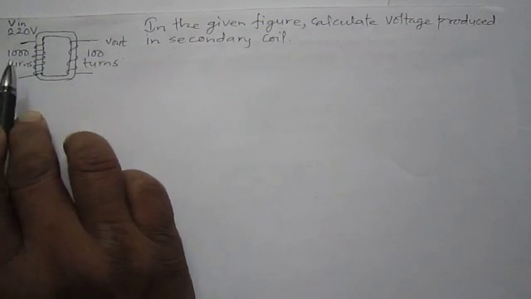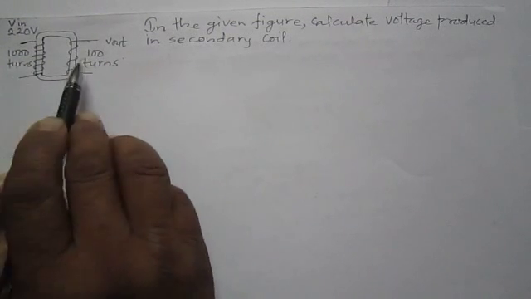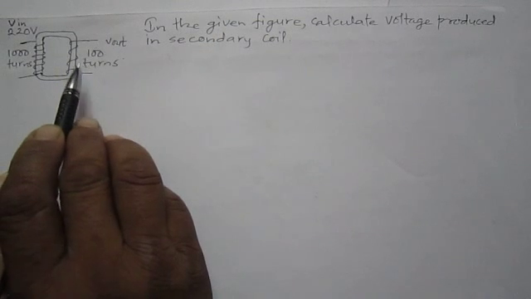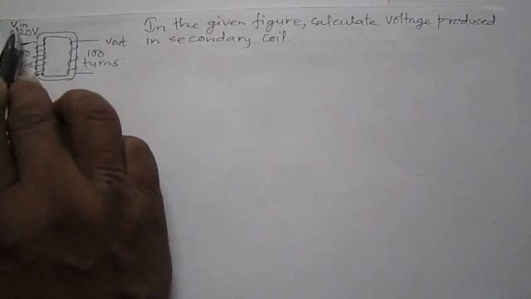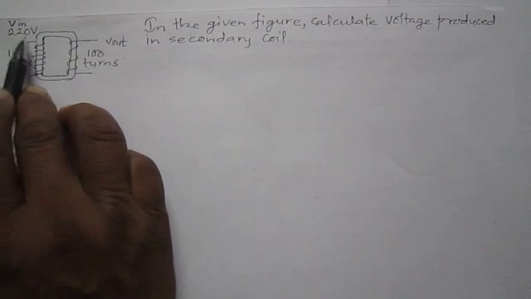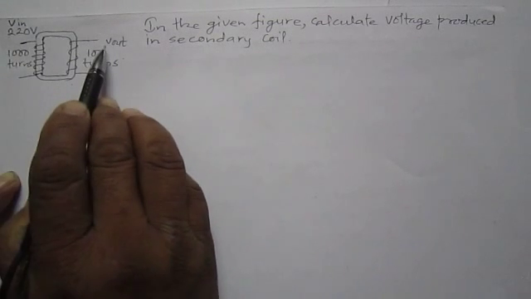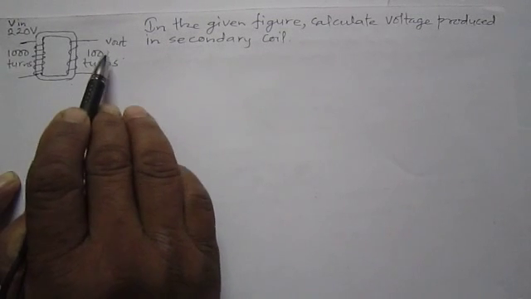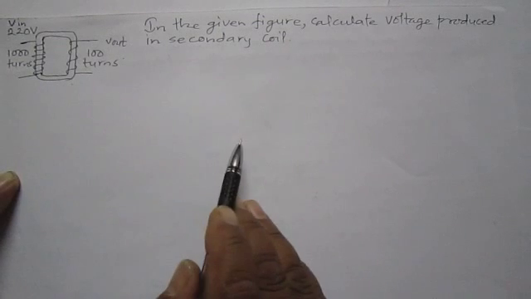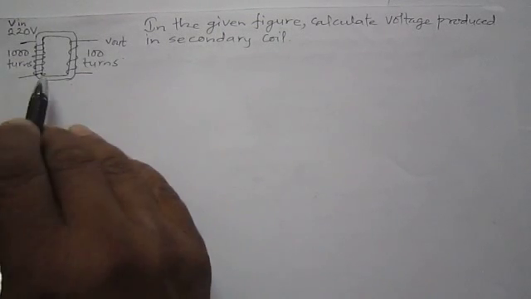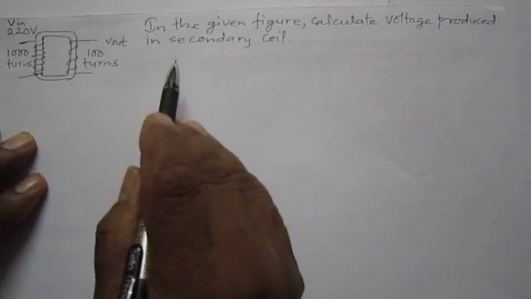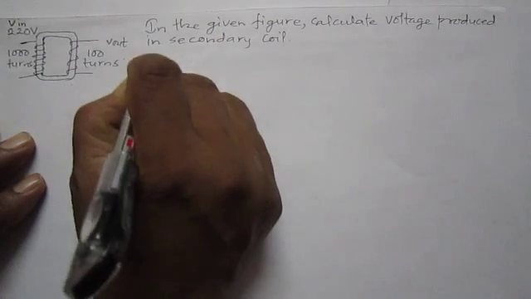In the primary coil the number of turns is 1000, in the secondary coil the number of turns is just 100 only, and the voltage supplied in the primary coil is 220 volt. Now we have to find out the voltage in the secondary coil. This is the question. That's why I want to convert the information of the figure into mathematical form.